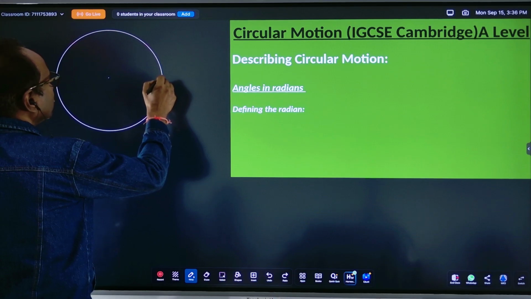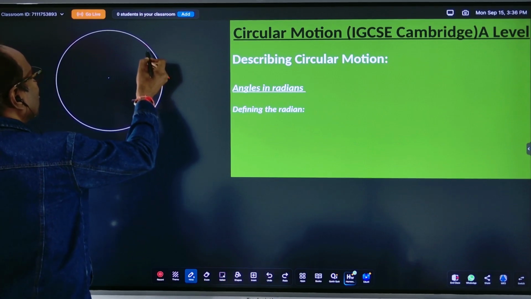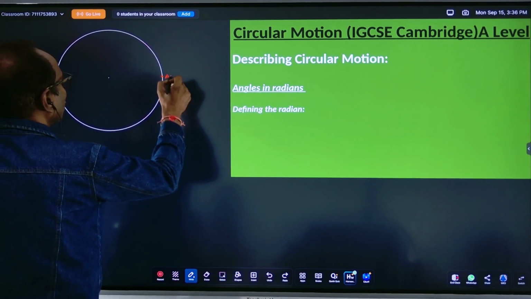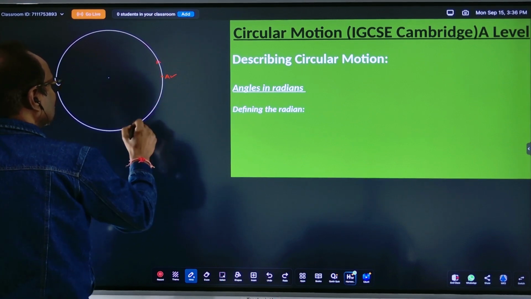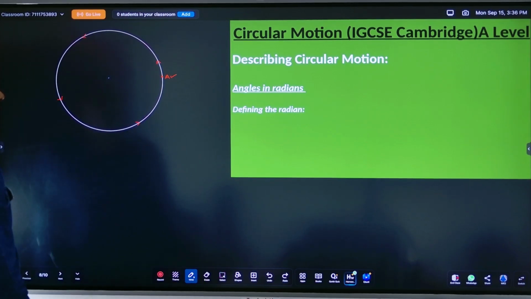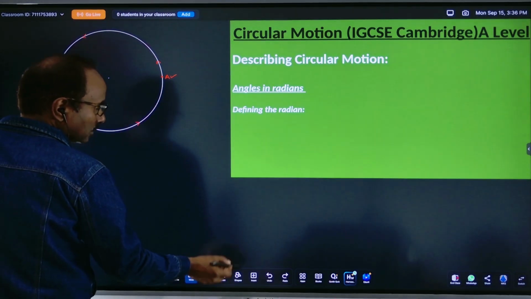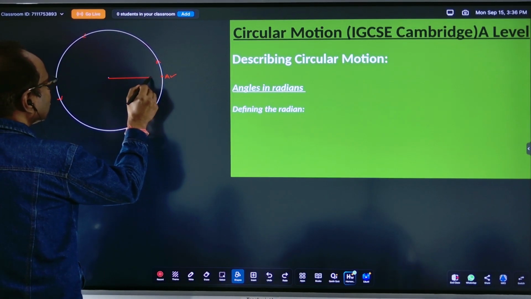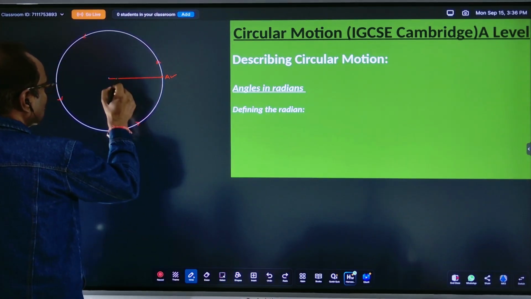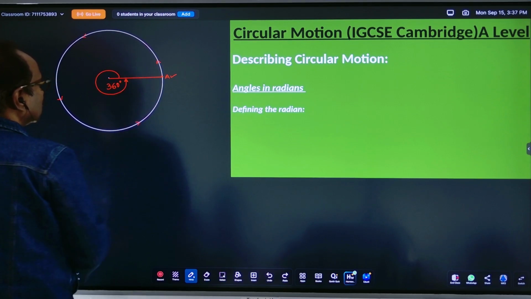When a particle starts moving from point A and goes along this circular path, takes a complete turn and comes back to A, how much angle does it make about the center in degrees? 360 degree.